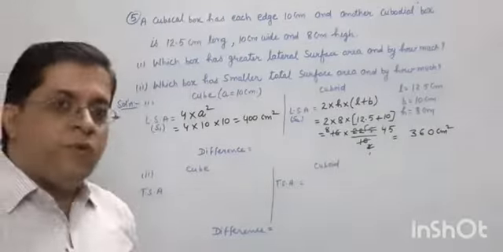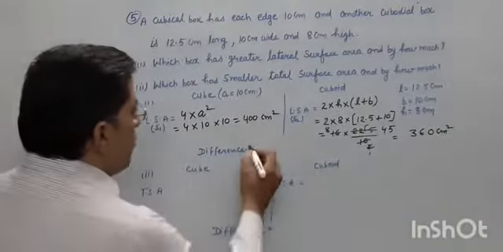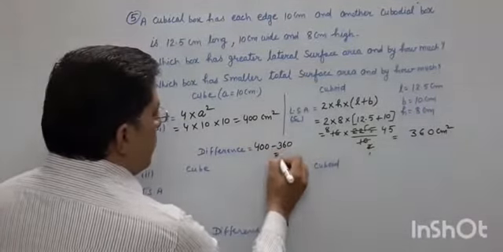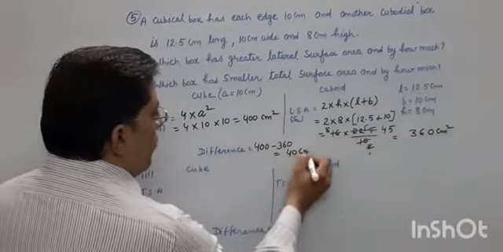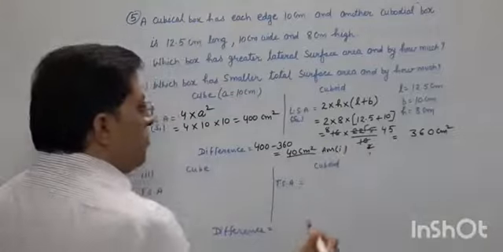And what will be the difference? Difference is 400 minus 360. This is your 40 centimeter square. This is the answer of first.